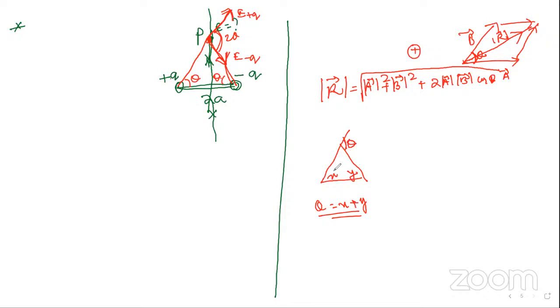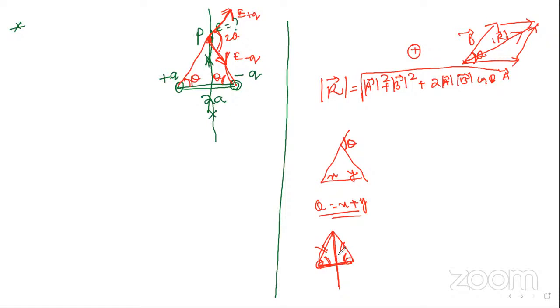The exterior angle is equal to the sum of the interior angles. Yes or no? Basit. Yes, sir. So here, why will it be theta, theta again? Because this is a perpendicular bisector. We know that in an isosceles triangle, if two sides are equal, the perpendicular bisector passes through, and if both sides are equal, both the angles also will be equal.